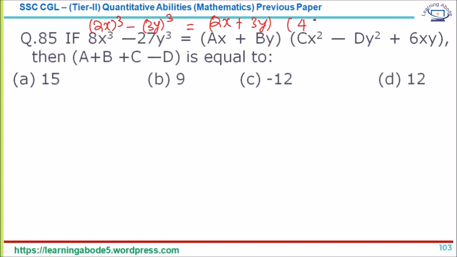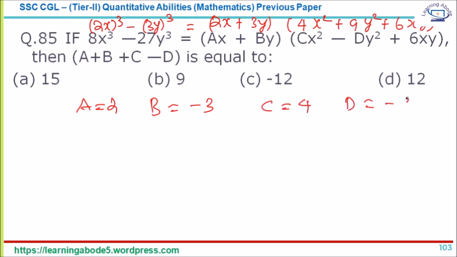Okay, so 4x square plus 9y square plus 6xy. Okay, I'm just using the a cube minus b cube formula, which is a minus b into a square plus ab plus b square. So from this we get a is equal to 2, b is equal to minus 3, okay, and c equal to 4 and d is equal to minus 9.